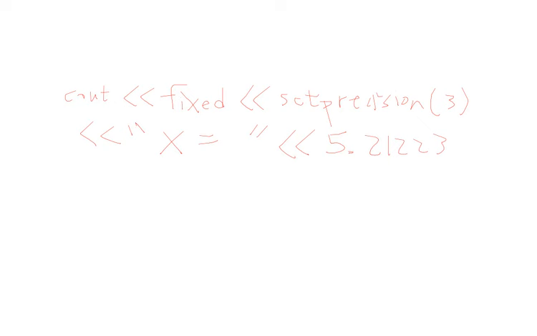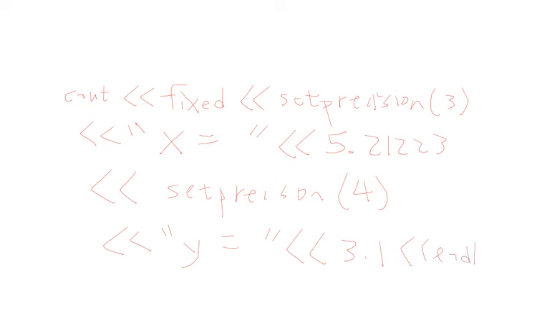And then I can go ahead and change my precision, set precision to, let's say, 4, and now I could say y equals, maybe 3.1. Now, how is this going to get displayed? If you say 3.1000, you will be correct. And then finally, I just end it, end line with a semicolon.